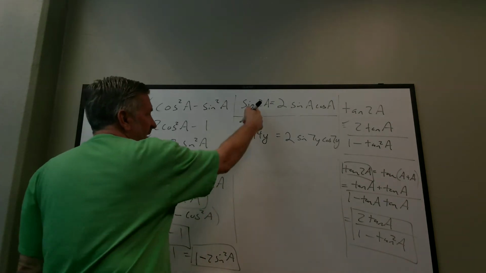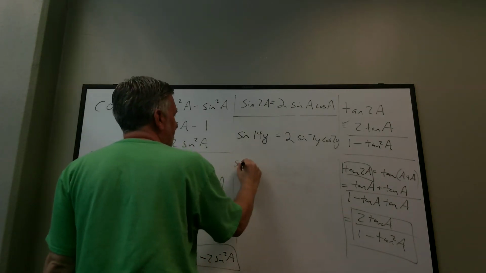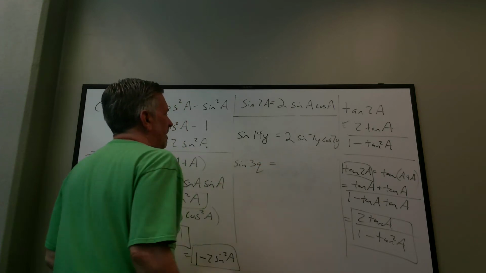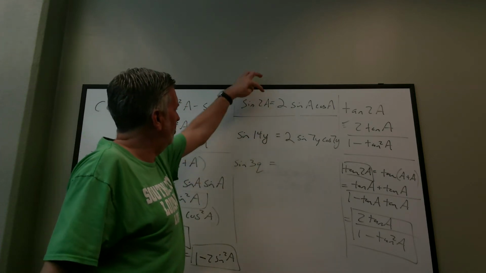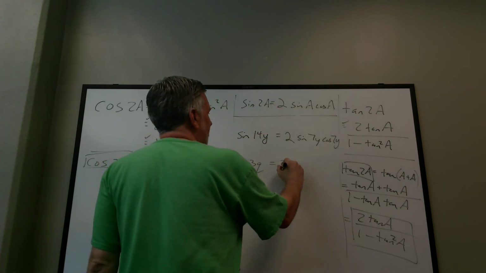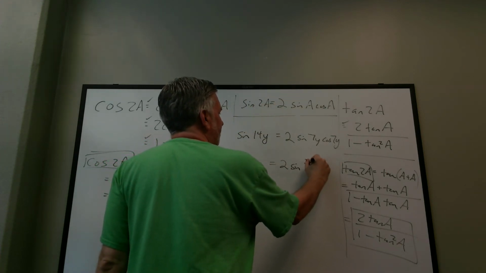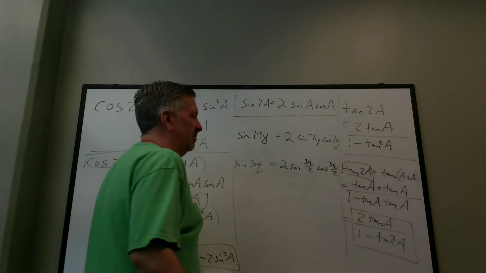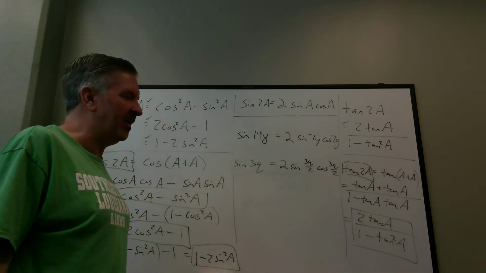And the number doesn't have to be divisible by 2. Suppose I had sine of 3q. And I treat this as this side. Whatever angle is here, half goes here and here. So that would be 2 sine of 3q over 2 cosine of 3q over 2. Everything doesn't have to be divisible by 2. It doesn't have to be even.